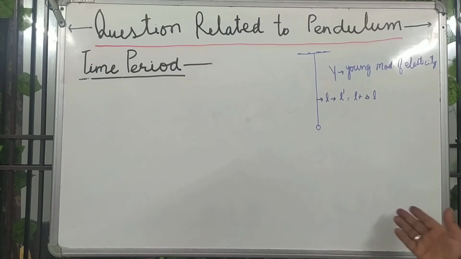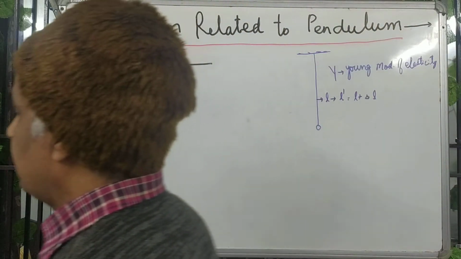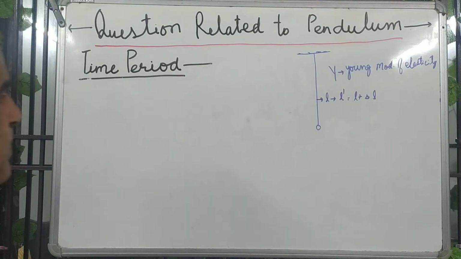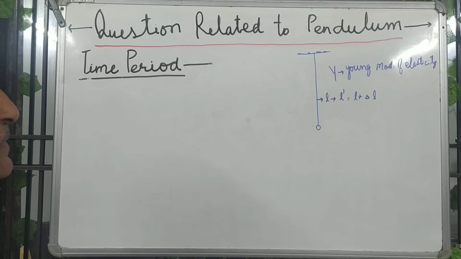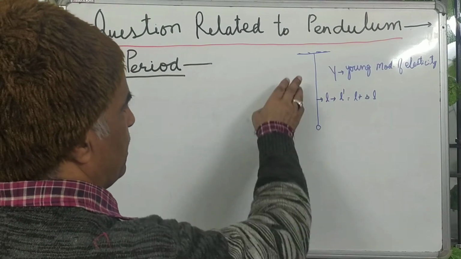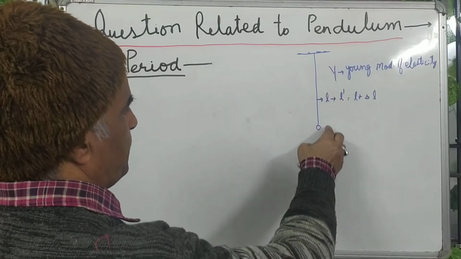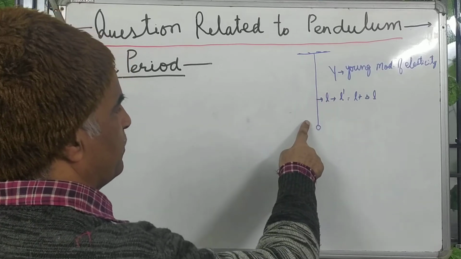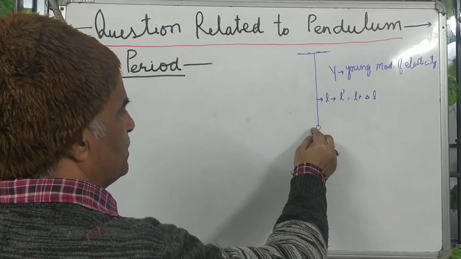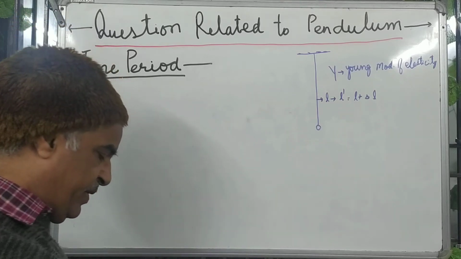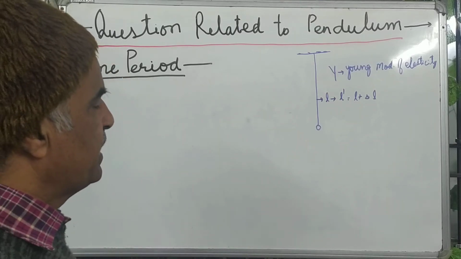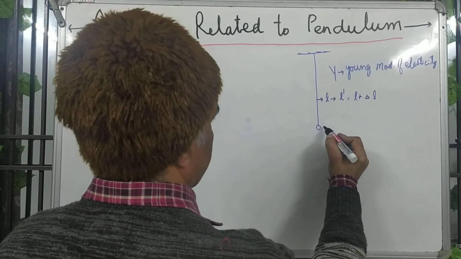This is another question to find the time period and the change in the time period. This is a metallic wire, and this is the pendulum bob of mass m.